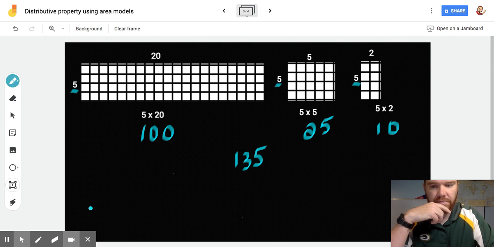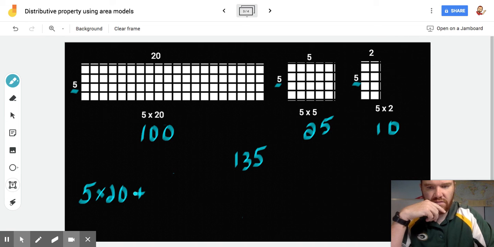All right. So now we have, to better see it, 5 times 20 plus 5 times 5 plus 5 times 2.